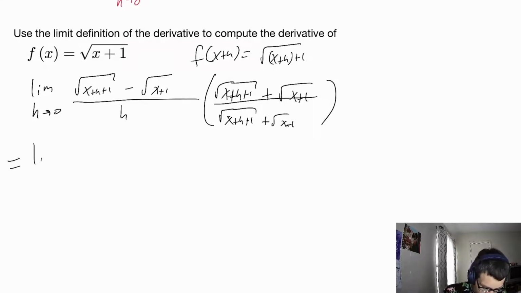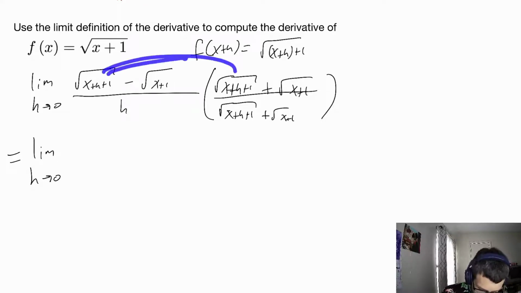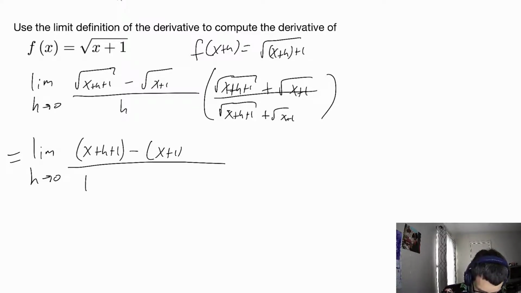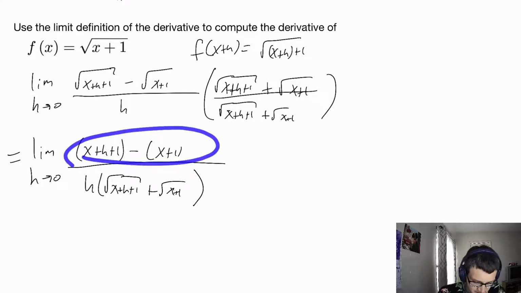This will give us the limit as h goes to 0 of, if we FOIL this out, x plus h plus 1 minus x plus 1, all over h times root x plus h plus 1 plus root x plus 1. The reason we get this ultimately comes back to the difference of squares.